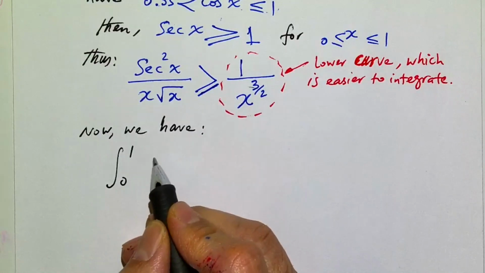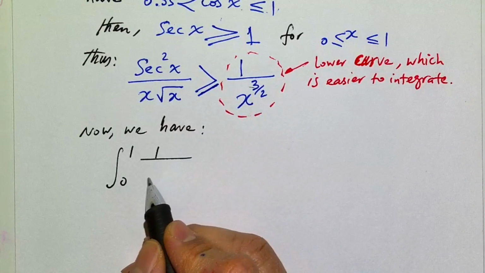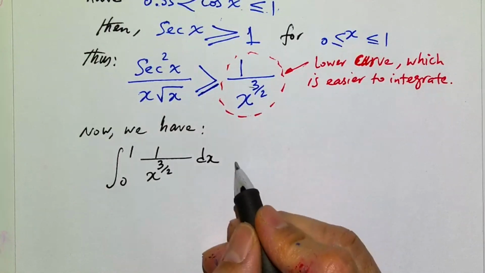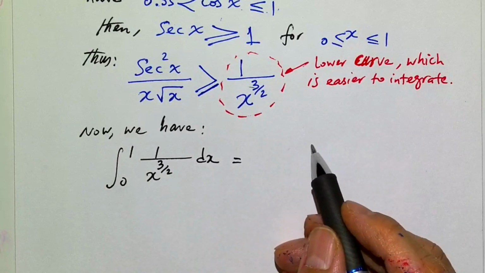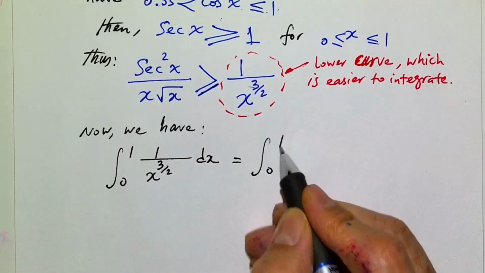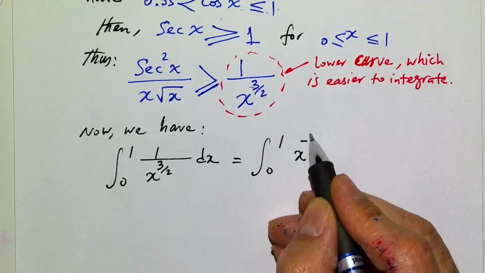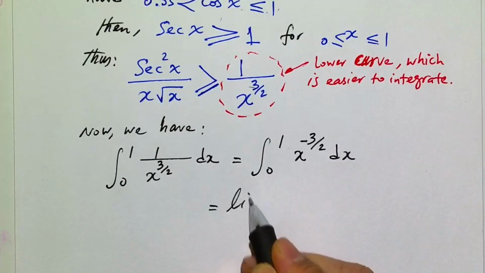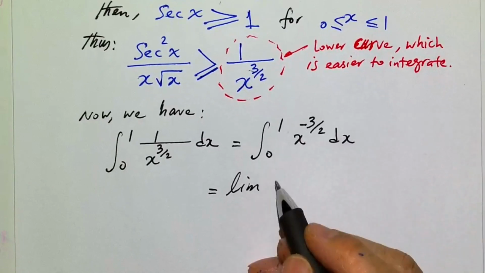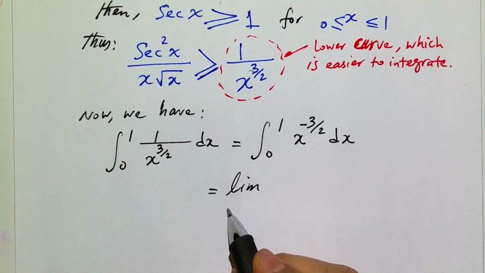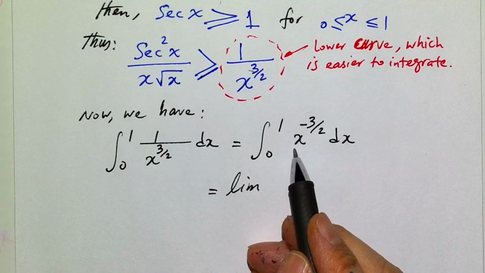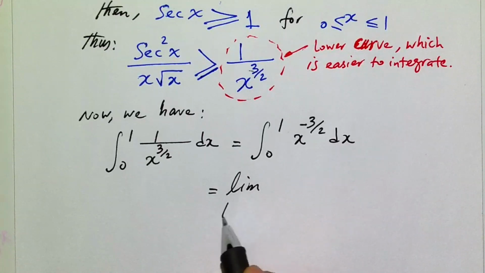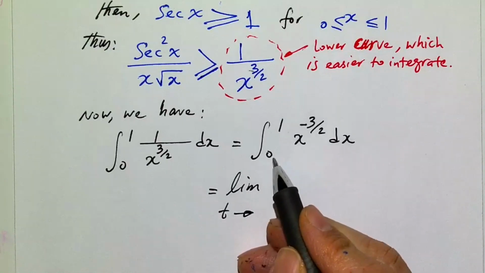So now we have the integral from 0 to 1 of 1 over x to the 3/2 dx, and this is equal to the integral from 0 to 1, of course, of x to the minus 3/2 dx, and then let's take the limit of that. We take this time x to be t, because this is an asymptote, right?